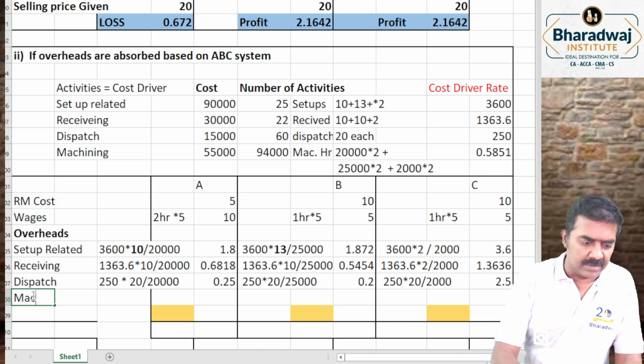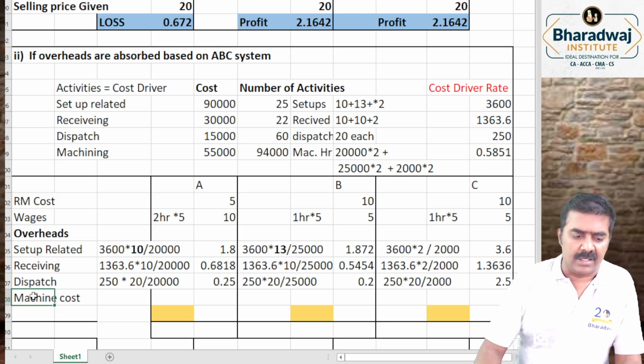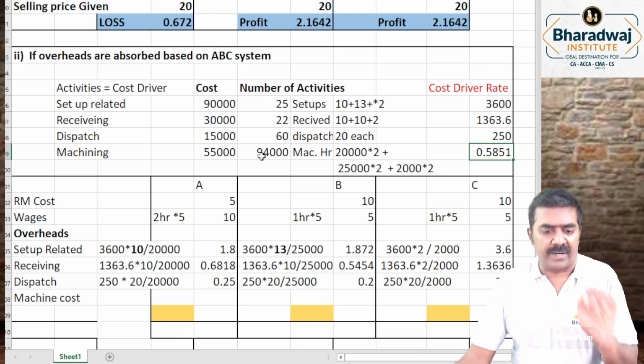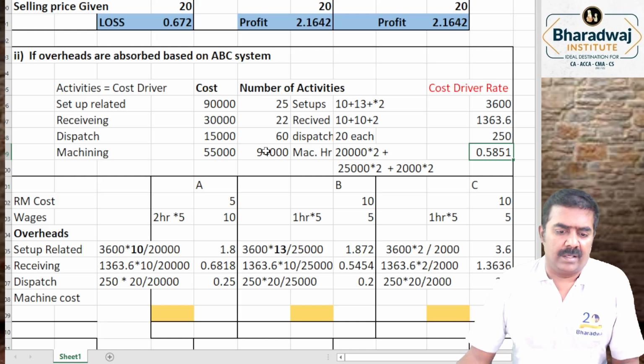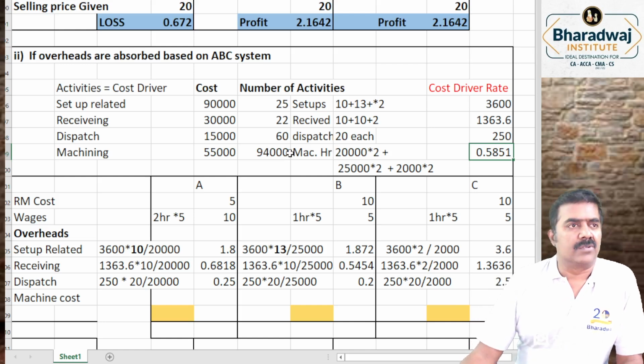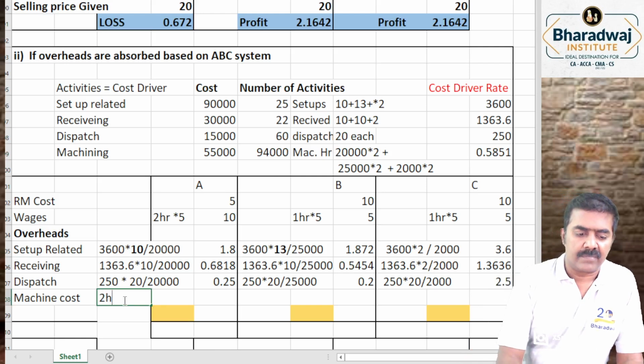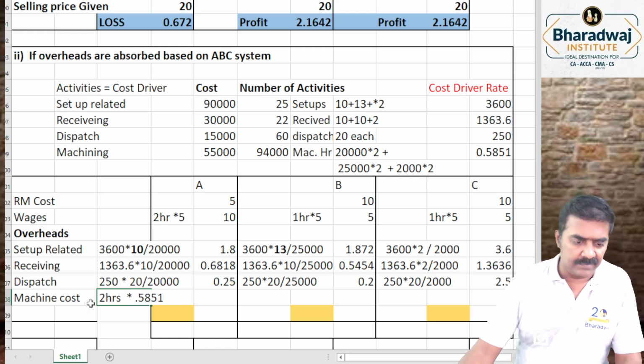What is the next one? Machining cost. We can work out by two methods. Machine cost, listen, 0.5851 into 20,000, you could put it like that. Otherwise, directly work out. How many machine hours per unit? Already machine hours given, 2 hours into 0.5851.